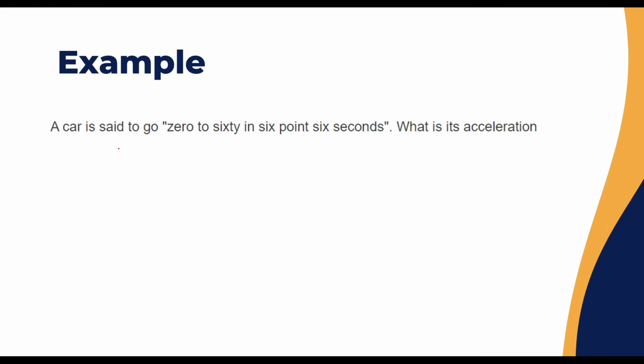Let's take an example. There's a car going from 0 to 60. What is the acceleration? For simplicity, let's say the car is going from 0 to 60 meters per second, and it takes 6 seconds to do that. What is the acceleration?